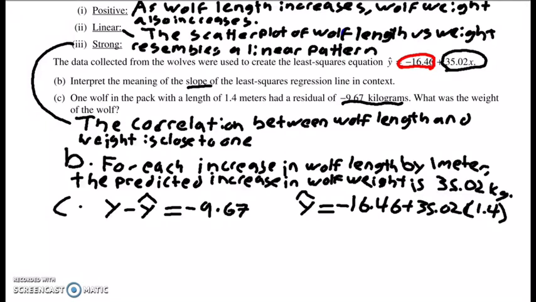And then this simplifies to negative 16.46 plus 42.028. And then when we subtract the 16.46, we're left with y hat is equal to 32.568.